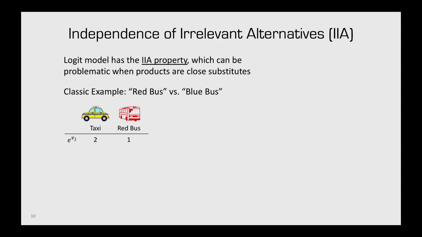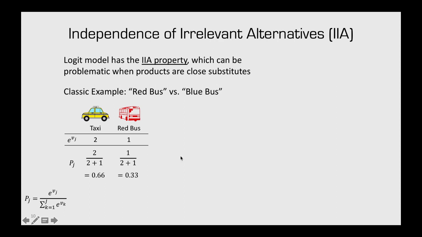So let's just say that the e to the Vj is 2 for the taxi and 1 for the bus. Well, if we want to compute our probabilities, remember this equation, all we do is we say the denominator is the sum of these two, so it's 2 plus 1 on each side, and the numerator is 2 for the taxi and 1 for the bus. So this results in 2/3 of the time you would choose the taxi and 1/3 of the time you would choose the bus.